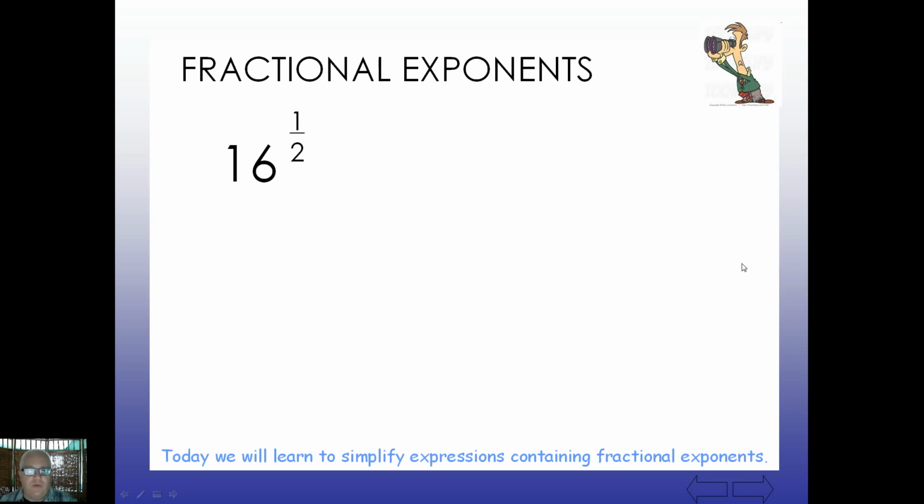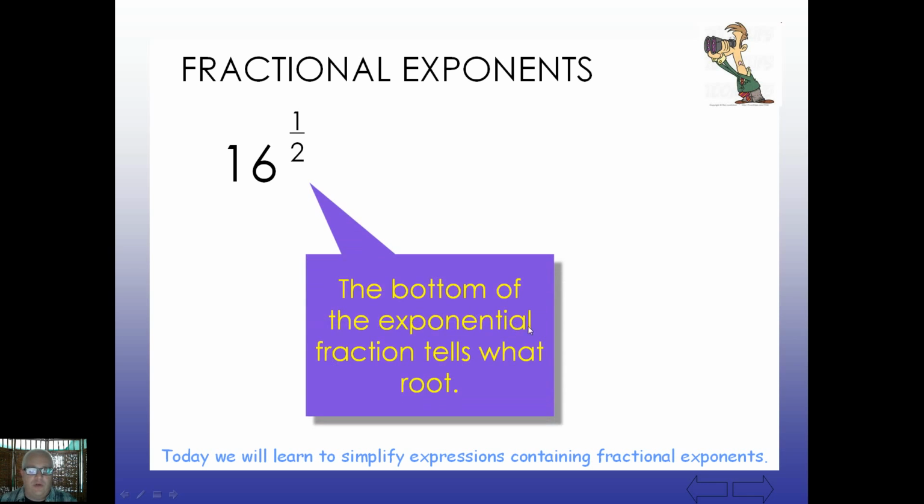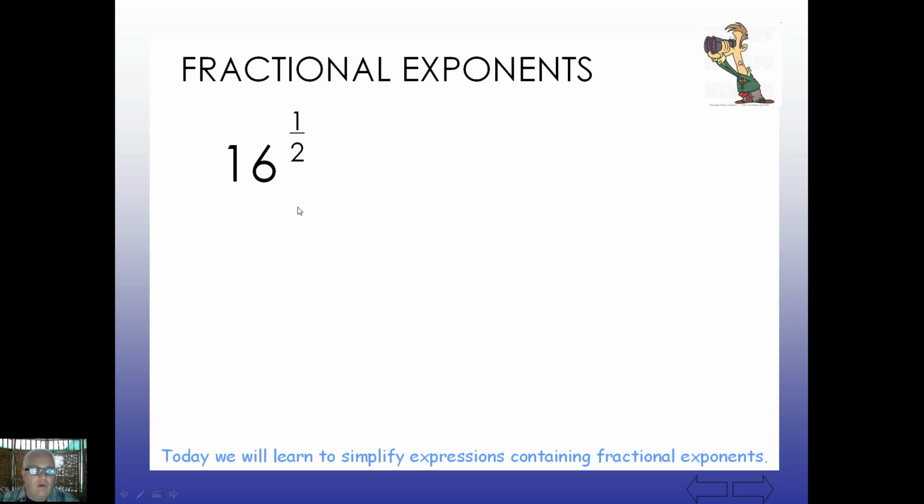Alright, just watch this for a second. This is a watch only. If we have 16 to the 1/2 power. Now remember what I said, the index equals the root. So here's what I want you to do. The bottom of the exponential fraction tells what root. So this right here says we're looking for the square root of this number, and then the numerator of our fraction is going to give us something else.